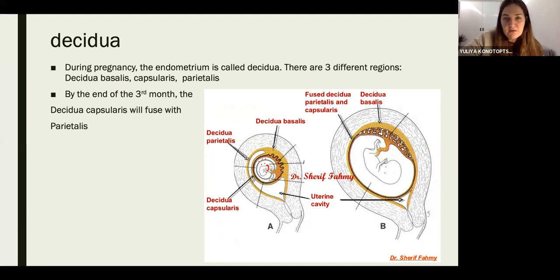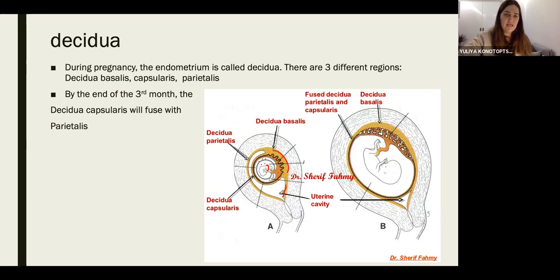On the opposite side here, this is the decidua parietalis. This one, for example, will also be decidua parietalis because it has nothing to do with the embryo, right? And that part of the decidua, where it gives you the blood, this is called decidua basalis. So 3 deciduas, right? So basalis, capsularis, and everything else is parietalis.